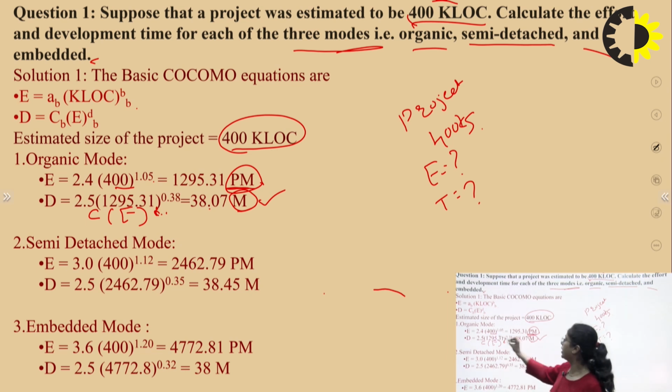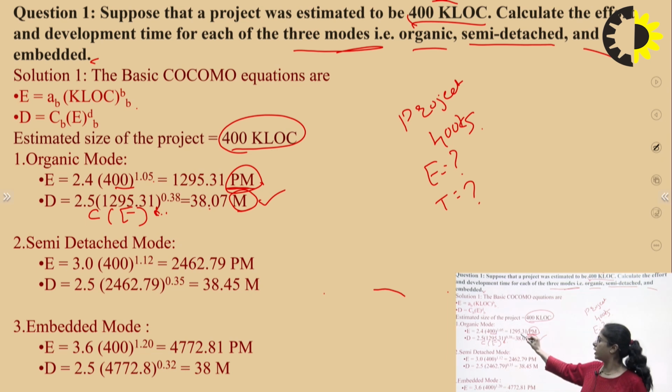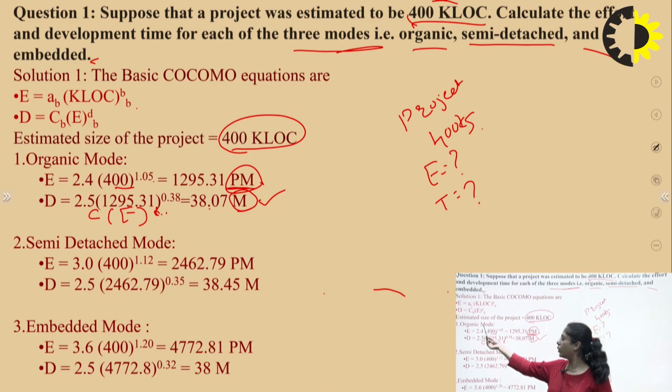So we get an effort of 1295.31 person months, and the time required for the organic mode is 38.07.